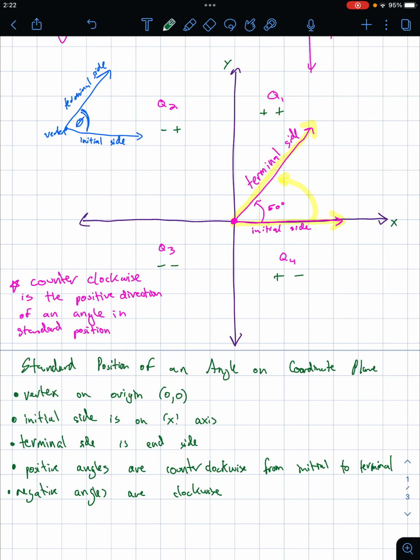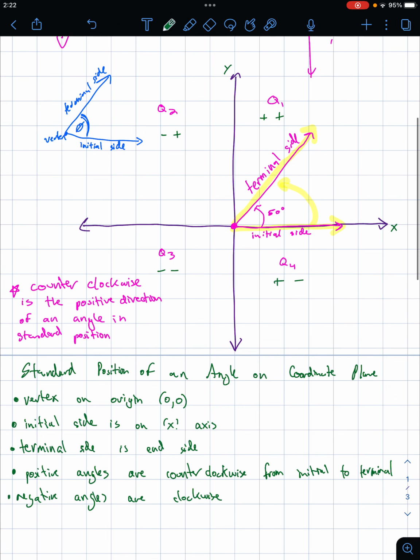So if I wanted to describe this angle, maybe I go this way, and describe some angle, I could describe that as negative 50 degrees. Interestingly, something to note here is that negative 50 degrees or 50 degrees is not the only way I could describe those angles, or at least describe the position of the side.